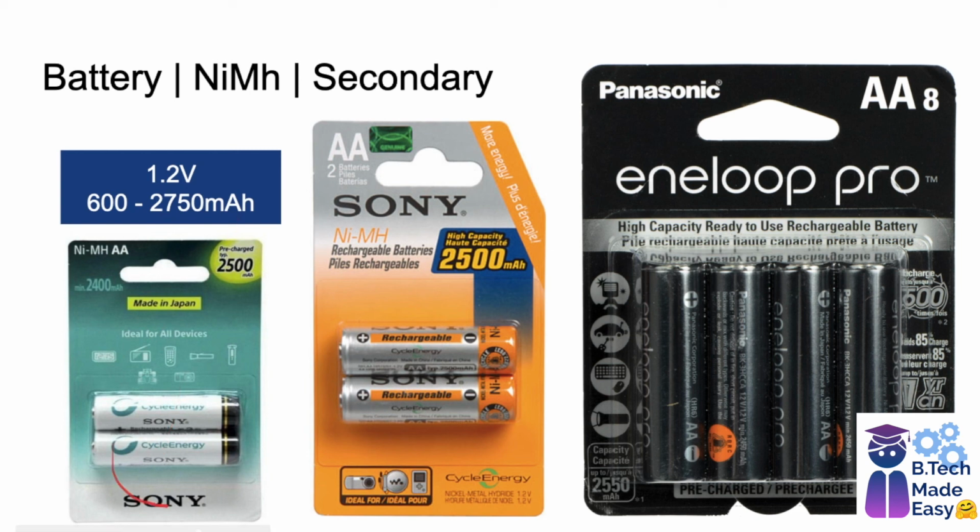Here you can see a Sony product that is having 2400 milliampere hours, another Sony product 2500 milliampere hours, and here a Panasonic product with 2550 milliampere hours. These types of batteries will be used in several devices like, say, digital cameras, your gaming consoles and things like that.